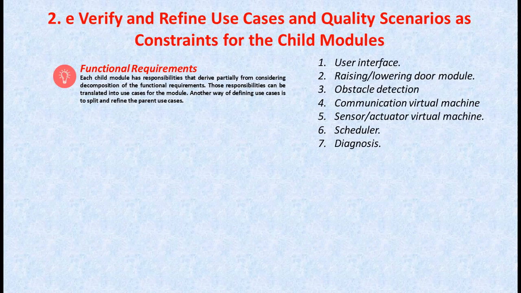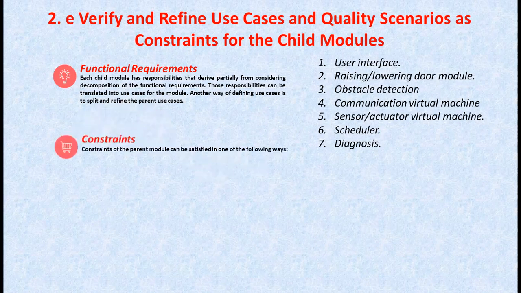The fifth one is the scenario or actuator virtual machine, which manages all the interactions within the scenario and actuators. The sixth one is the scheduler, which guarantees that the obstacle detector will meet its deadlines. And the last one, the seventh, is diagnosis, which manages the interactions with the home information system devoted to diagnosis.